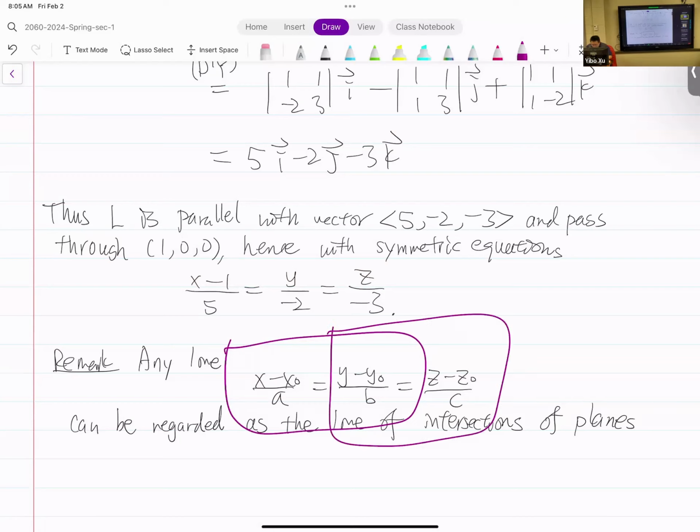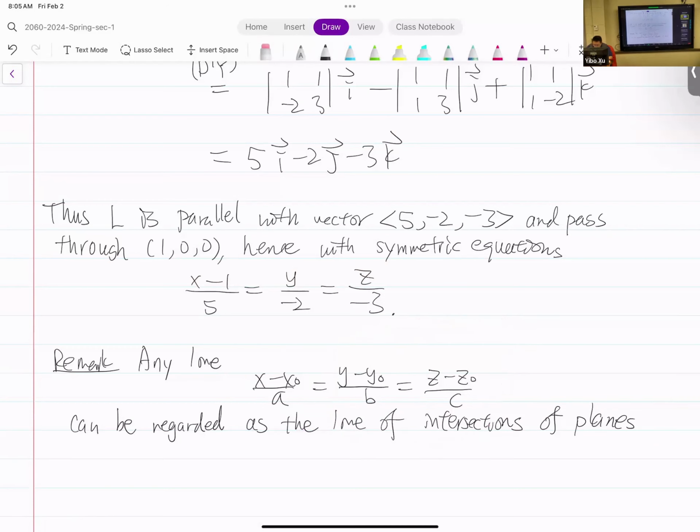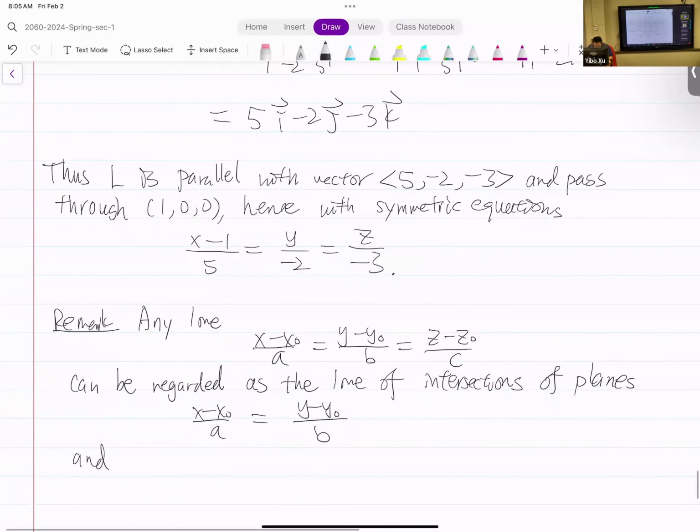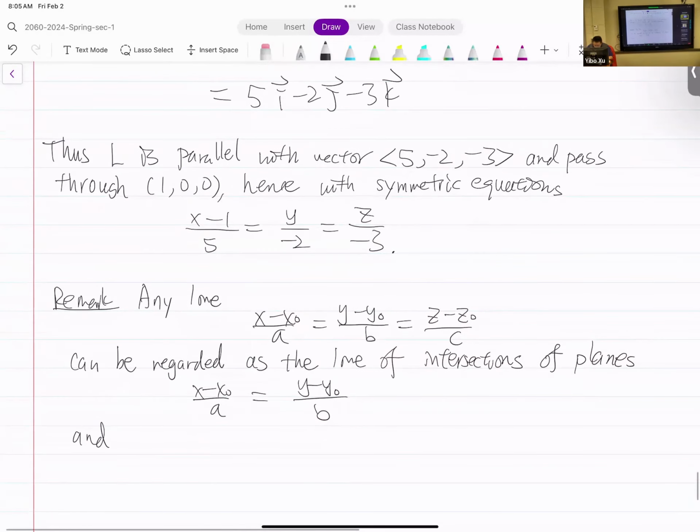Okay. So now our line here is the intersection of these two planes. So then write that down: (x minus x0) over a equals (y minus y0) over b, and (y minus y0) over b equals (z minus z0) over c.